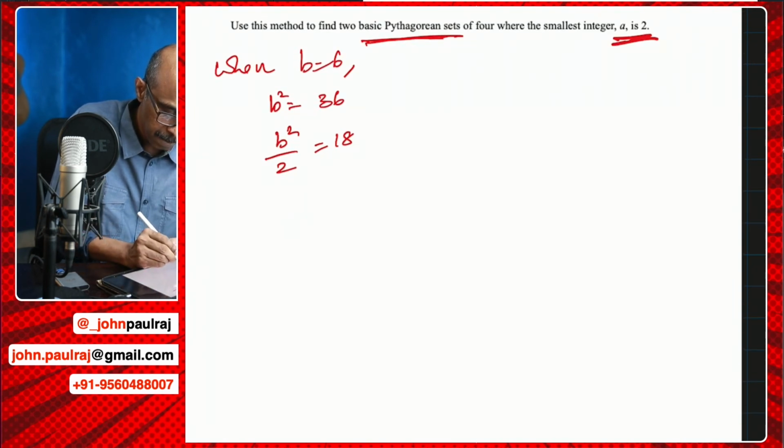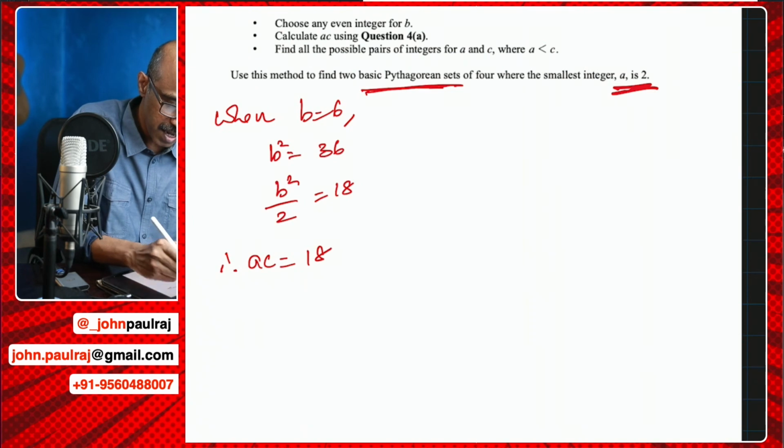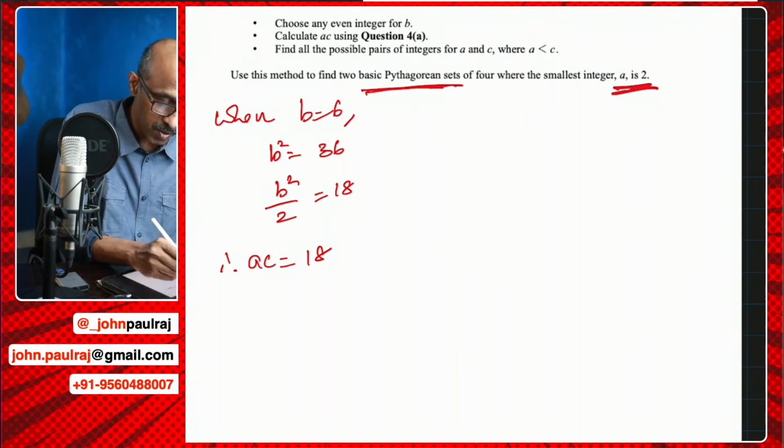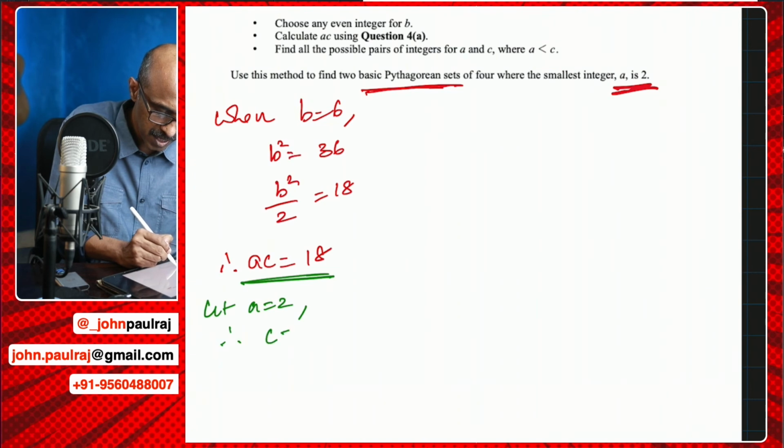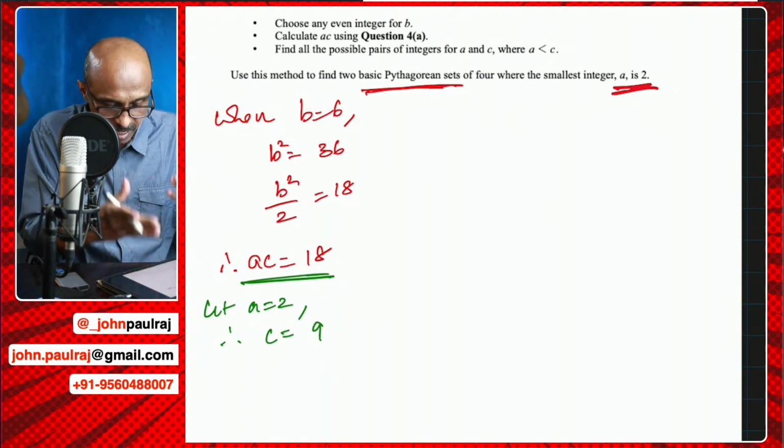And AC is 18, right? Now we look at all multiples for A and C, given that A is 2. If AC must be 18, then let A be 2. That means C must be 9, because A times C must be 18.